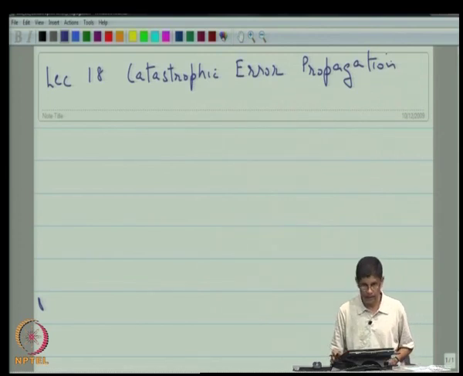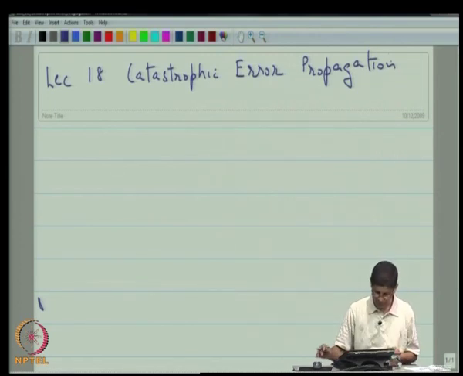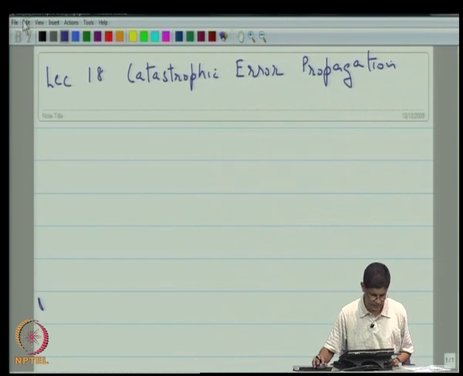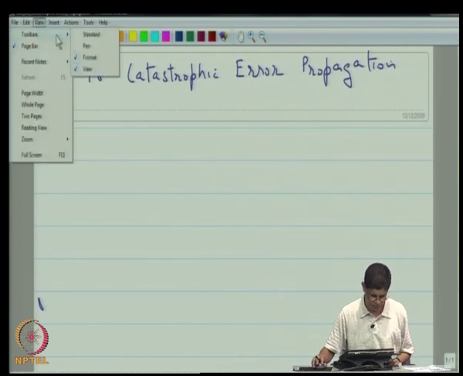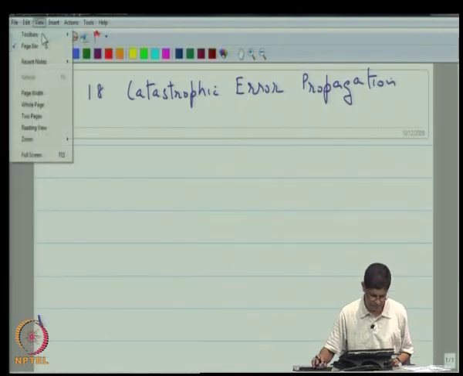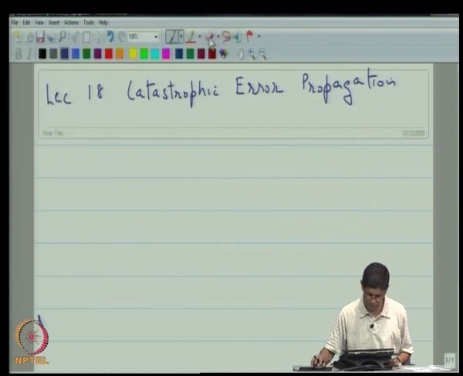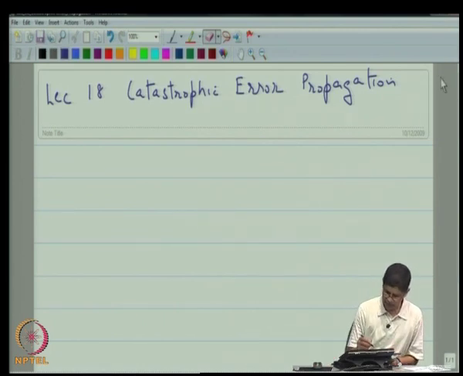Which is entitled Catastrophic Error Propagation. But let me pull up some toolbars here and put down a recap.